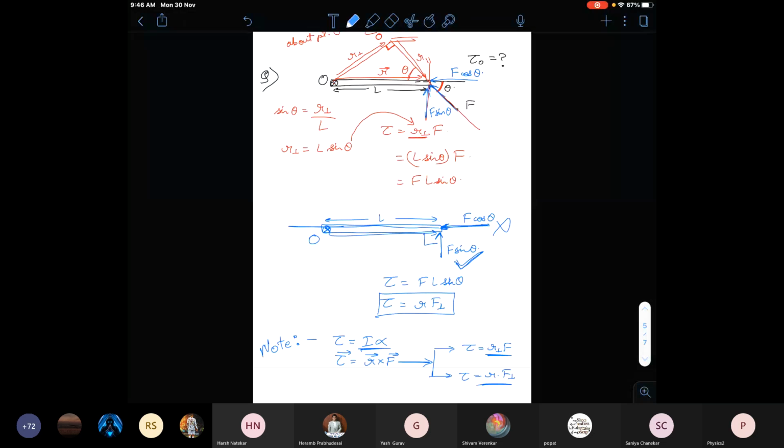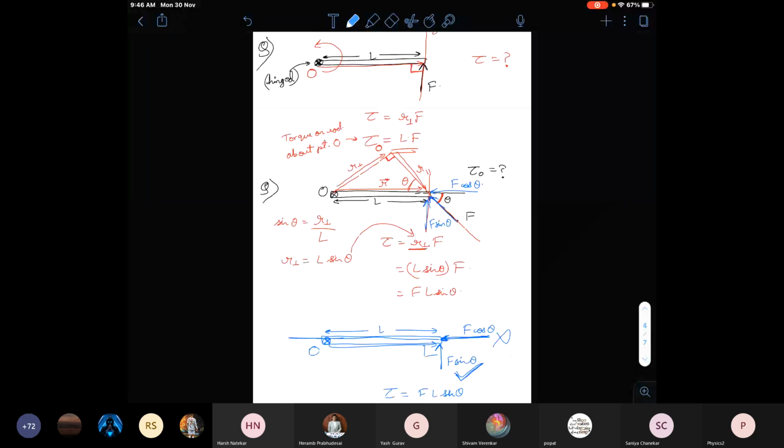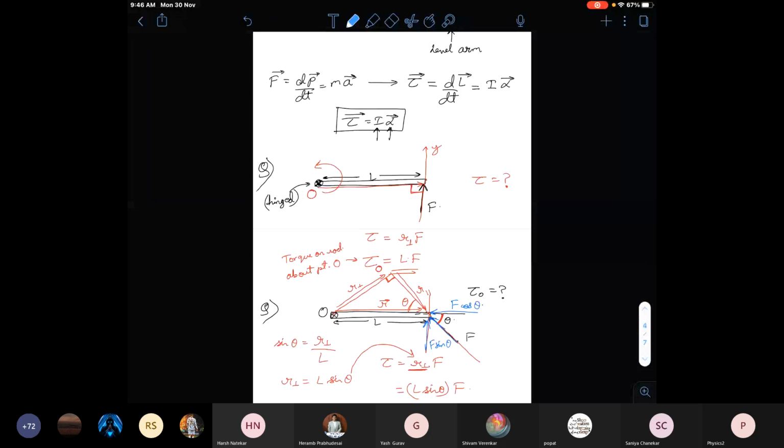How? Just see here. Just for the previous example, if I would have applied a force like this, what is the tendency of the rod? The tendency of the rod is to move in the anti-clockwise direction.